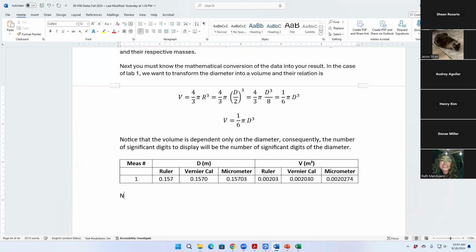Note that the number of significant figures is not necessarily equal to the number of decimal places.